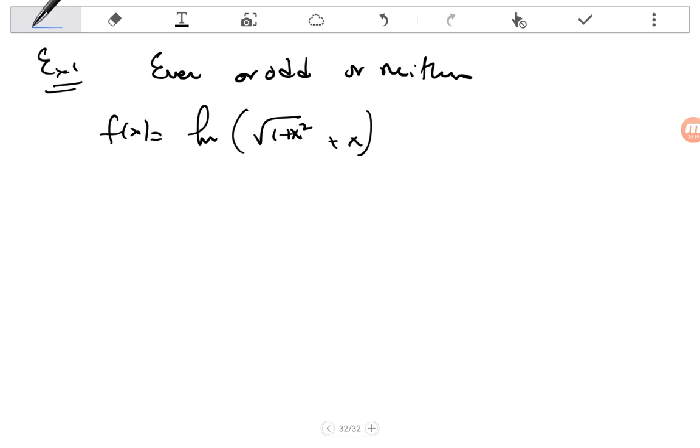Now if I check this function with the rules that I've learned, this is odd. What about this? What is inside the root, 1 plus x squared, is even. I have even plus even, but it is inside a root, and the root is general. If I have a general function and inside it I have an even function, what would be the result of that combination? It will just be even.